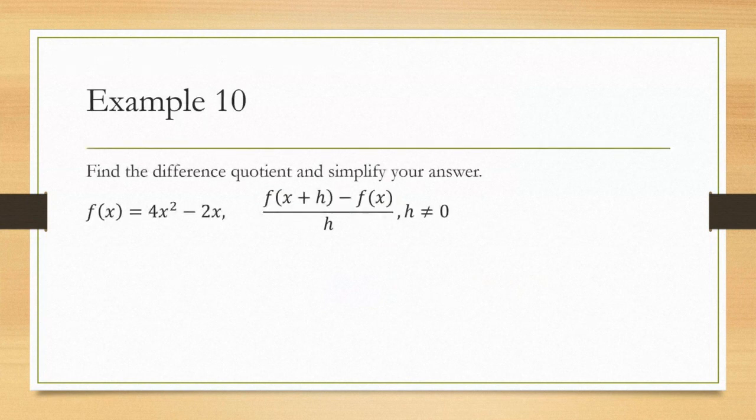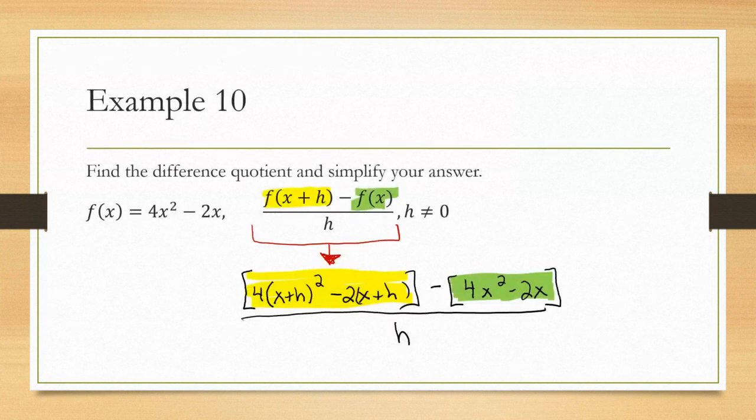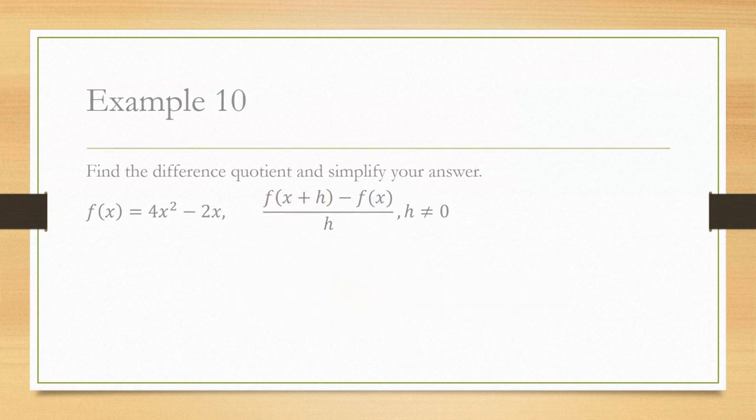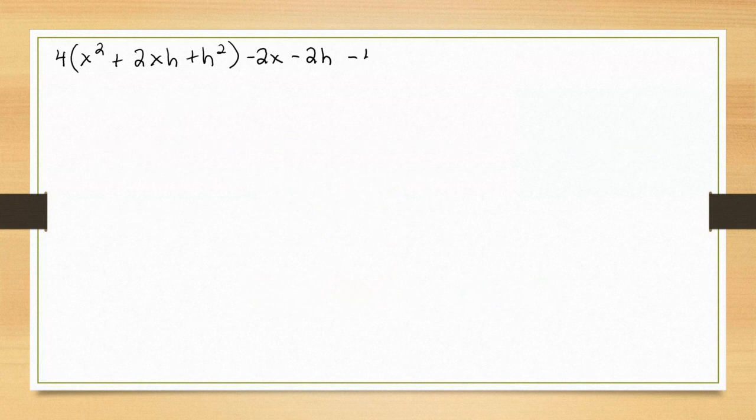So that is just simplifying what's in yellow. Then I need to distribute the negative sign through what's in green. So that's going to be a minus 4x squared and a plus 2x. And then this whole thing is over h.